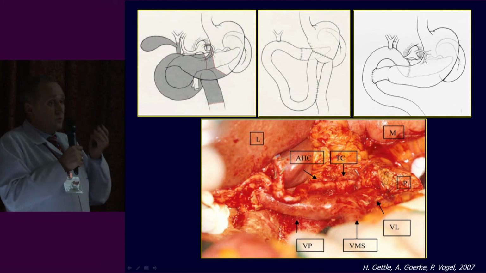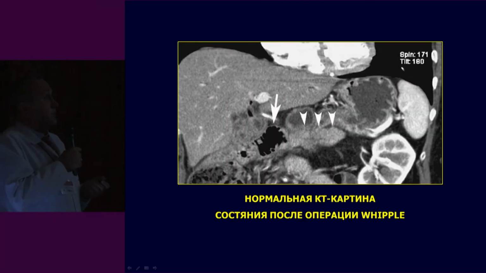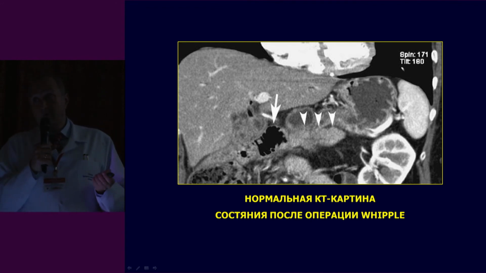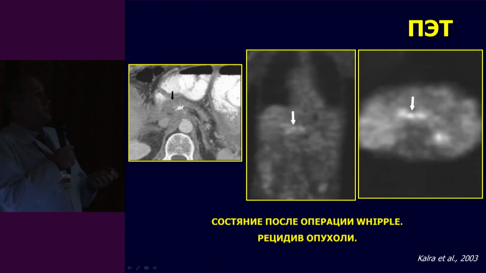When we come across the already operated patients with very changed or altered anatomy, we understand very well that in this particular changed anatomy, it's almost important to understand what is normal and whether there are relapses, and then we use PET.